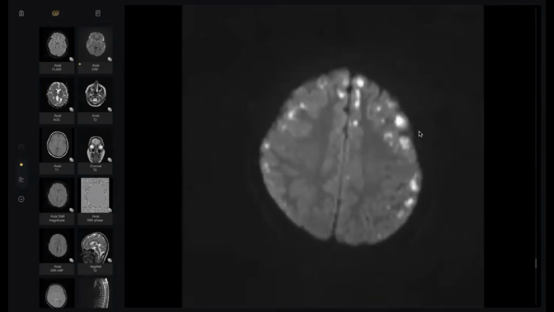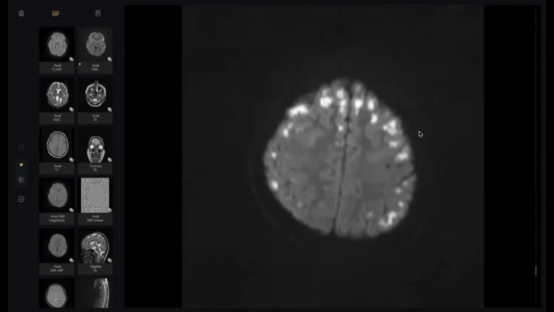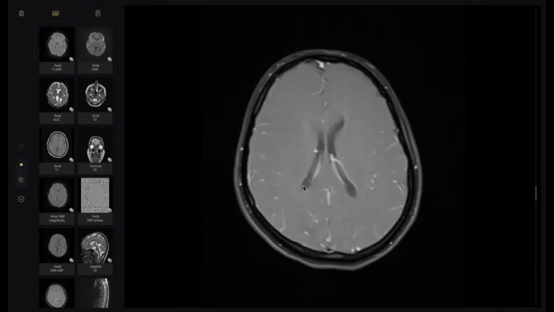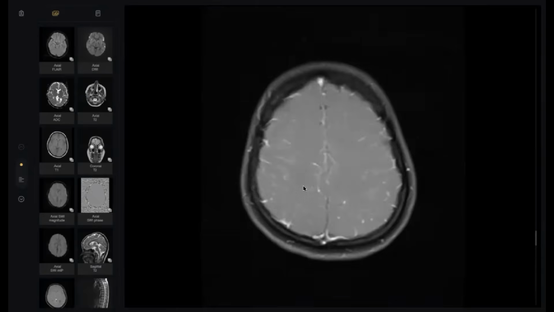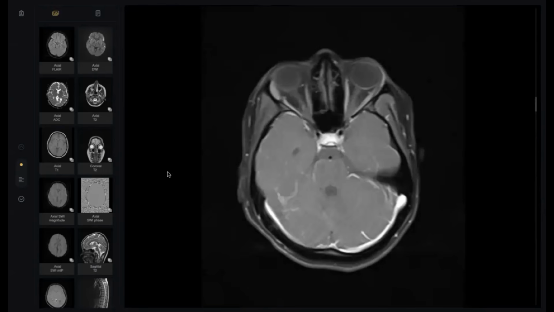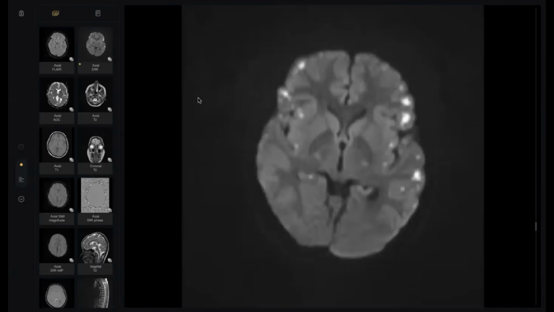When I revised this case, the first thing that honestly came to my mind was that this may be abscesses. So I had a look at the post contrast. There is no enhancement even at the diffusion restricted areas. So this is not abscesses or even infection.